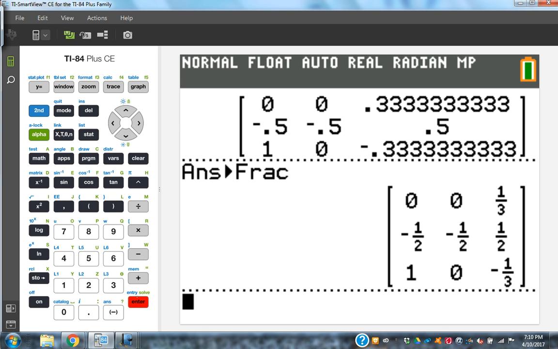That's my inverse matrix. 0, 0, 1/3, -1/2, -1/2, 1/2, 1, 0, -1/3.